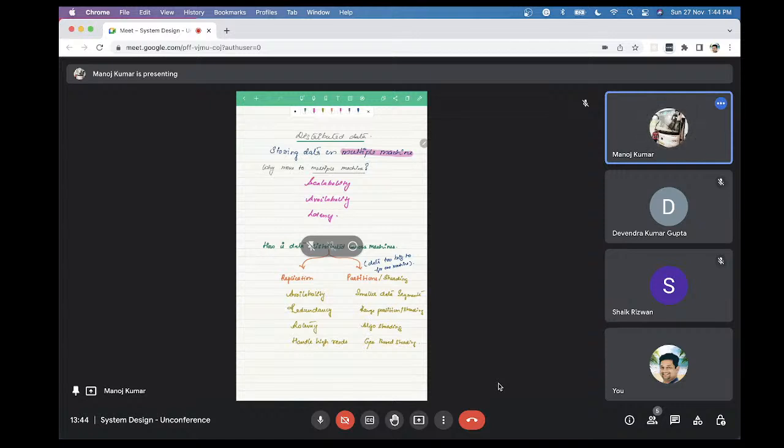Yeah. So there are two parts to distribution of data, right? One is replication and the other is partition. Now, what is replication? It is basically the redundancy of the same data present in many machines, which leads to availability because you have the same data copy on different machines.